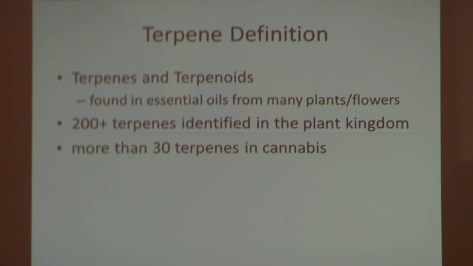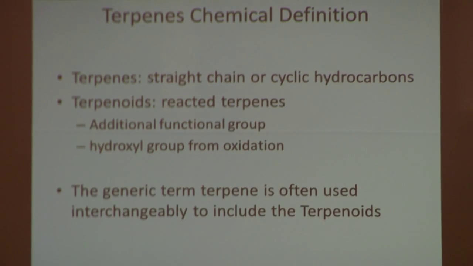Terpenes are basically from essential oils, and many plants and flowers in the plant kingdom produce terpenes. More than 200 different terpenes, and more than 30 terpenes have been identified in cannabis plants. From a chemical definition, the terpenes are basically straight chain or cyclic hydrocarbons. They're only going to have carbon and hydrogen in their molecules.